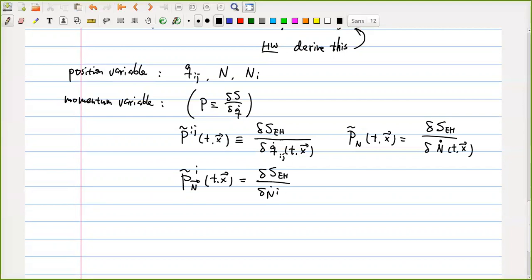This is the conjugate momentum for the shift vector.